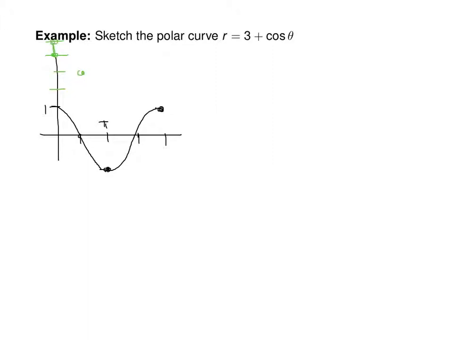Whoops. So 4, then at 3, and then at 2 is now my lowest point. Back up to 3, back up to 4. Okay, now sketching the polar curve. So we start off at an angle of 0 and a distance of 4 away.